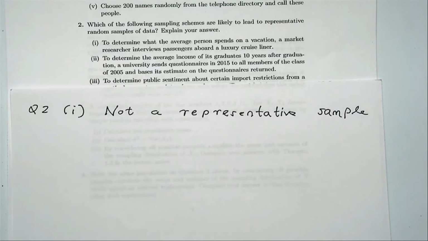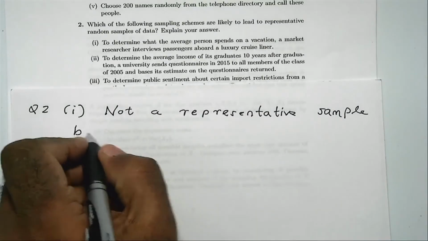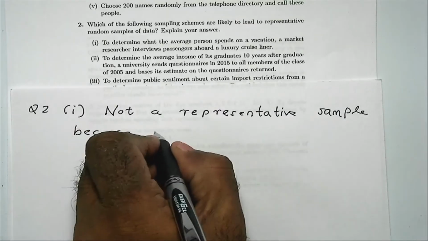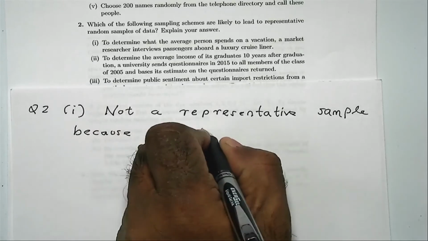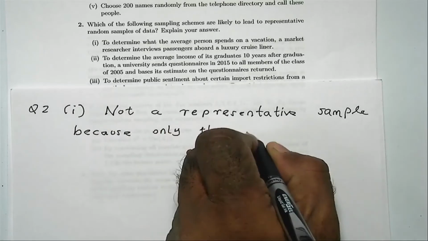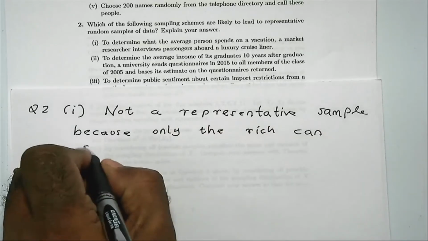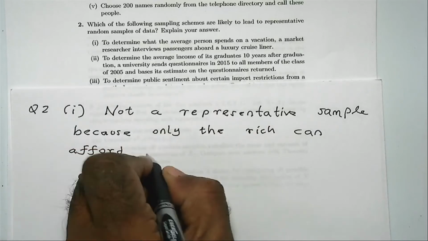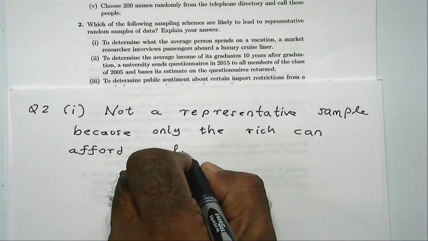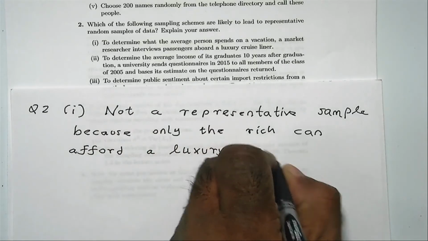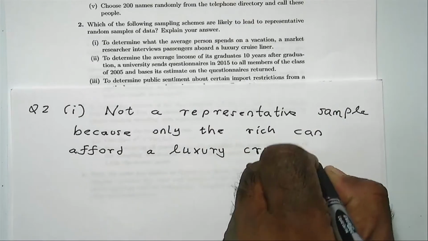So it will not be representative of the entire population, because only the rich can afford a luxury cruise line.